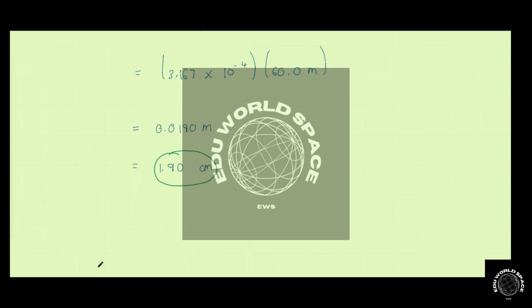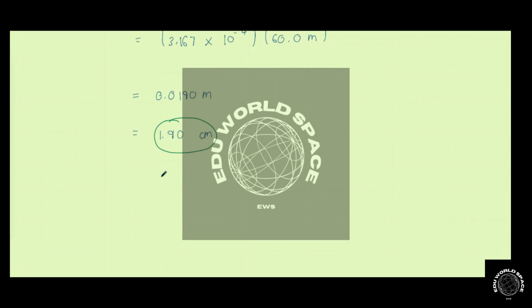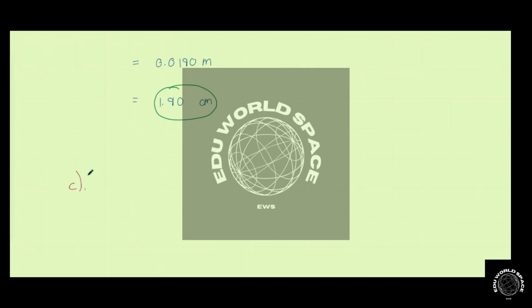Now, finally, we are asked to calculate the angular size of the final image as viewed by the eye, which is very close to the eyepiece. So we know the angular magnification of the telescope, calculated in part A. We need to calculate theta prime.